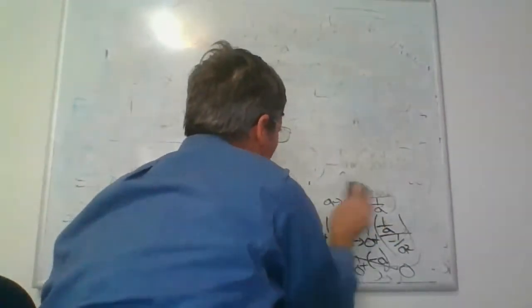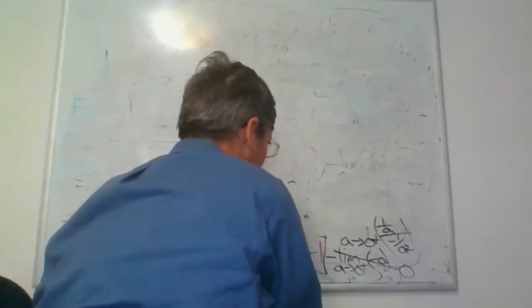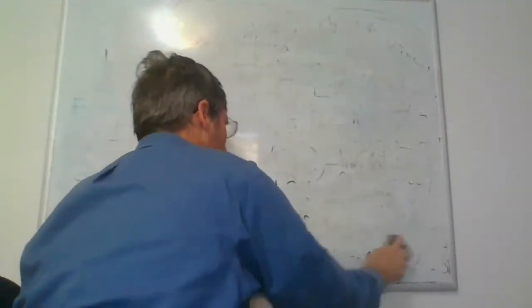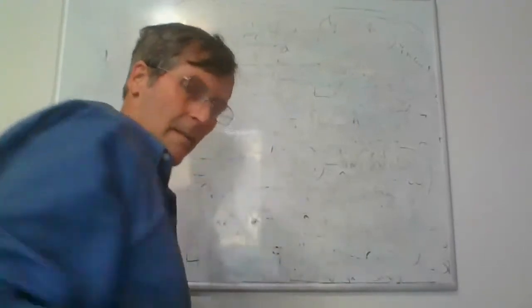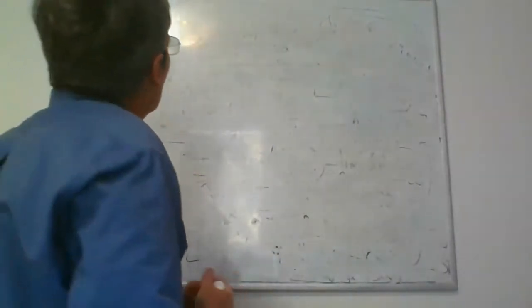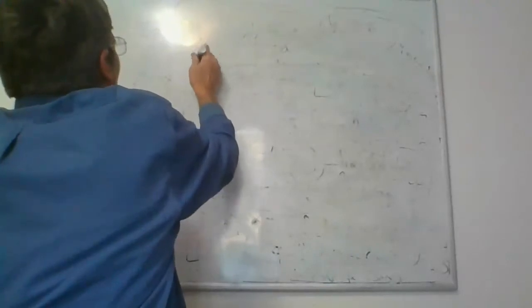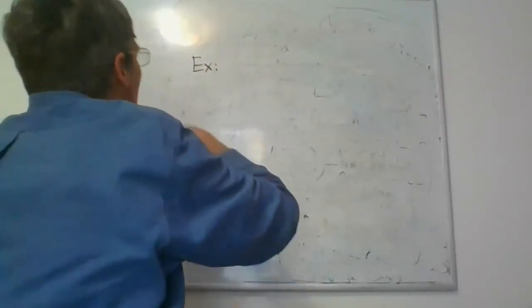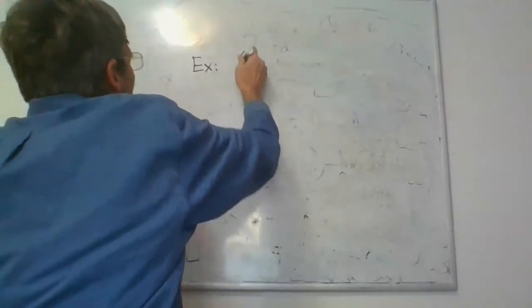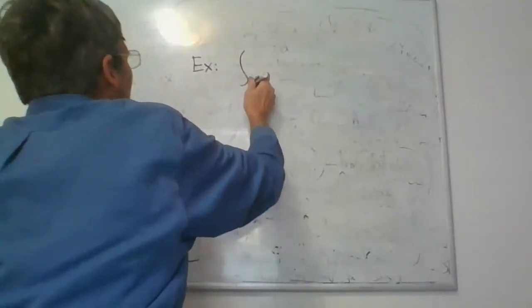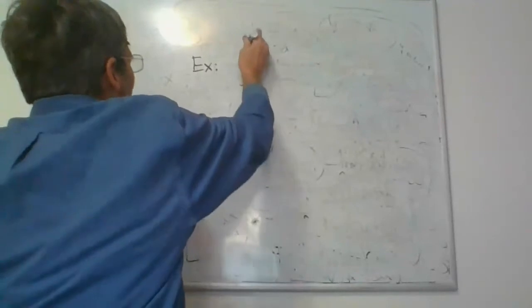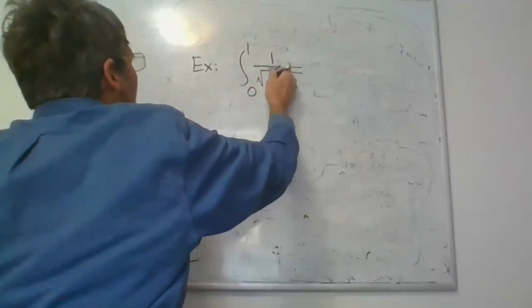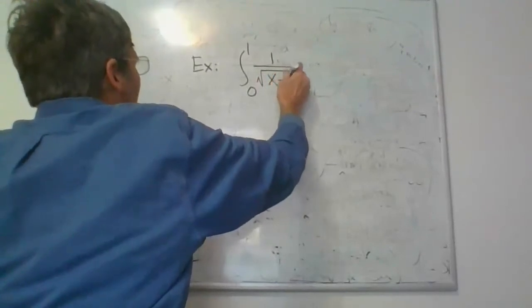Finally, let's do one more. What if I had the integral from 0 to 1 of 1 over the square root of x minus 1 dx.